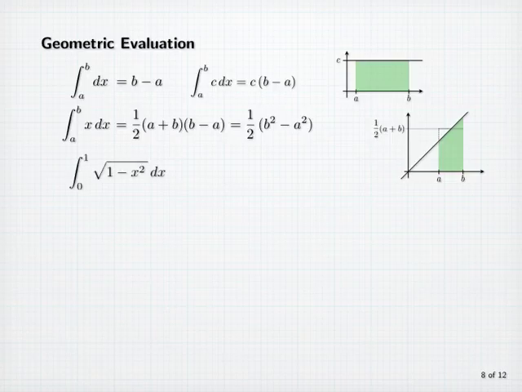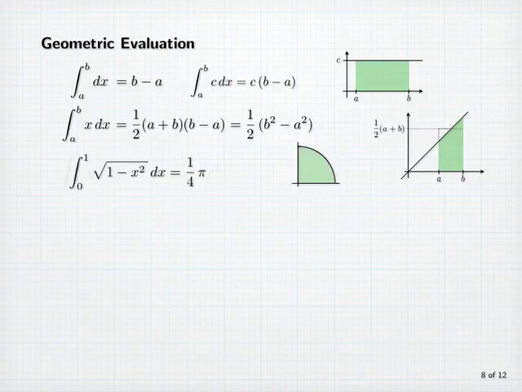The integral from 0 to 1 of the square root of 1 minus x squared dx. The graph of y equals the square root of 1 minus x squared is the part of the unit circle in the first quadrant, and so the area under the graph here is just 1/4 of the area of the full circle, and so we get 1/4 pi.